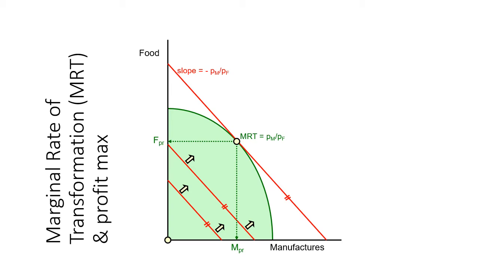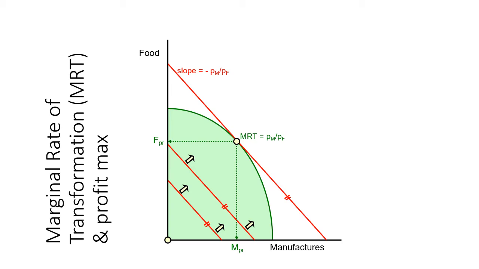The red line represents your ratio of prices, and the green line represents your marginal rate of transformation. And remember here, the marginal rate of transformation changes, or the value is different, at every point on the PPF, while on the cost line, the red line, the ratio of prices remains the same.